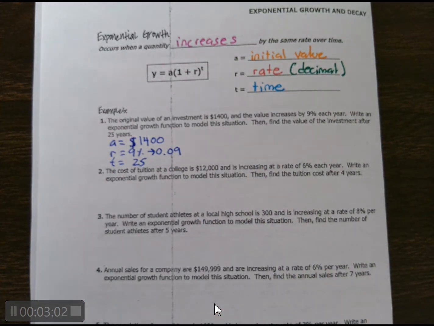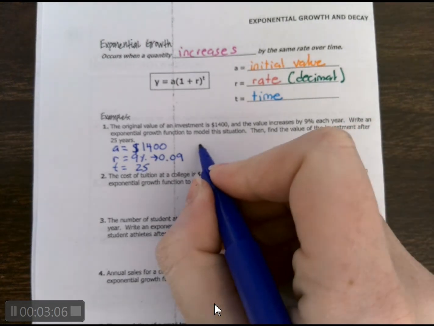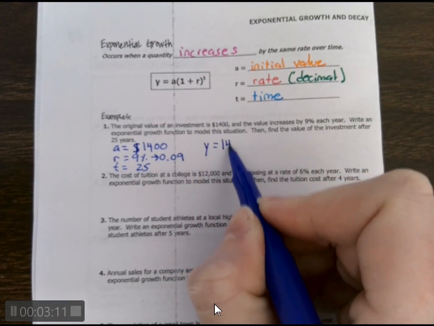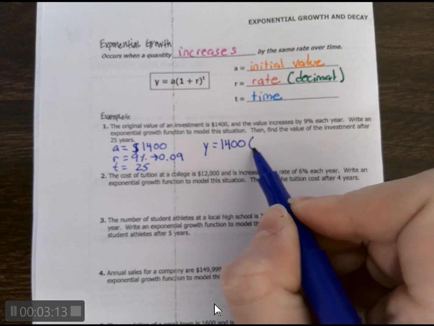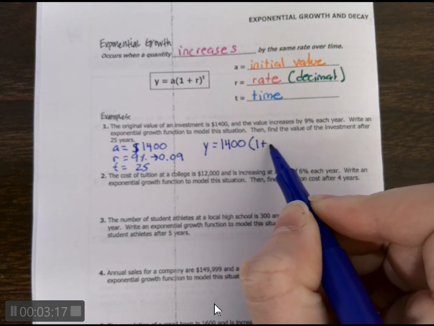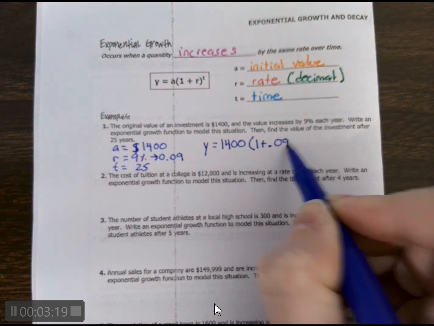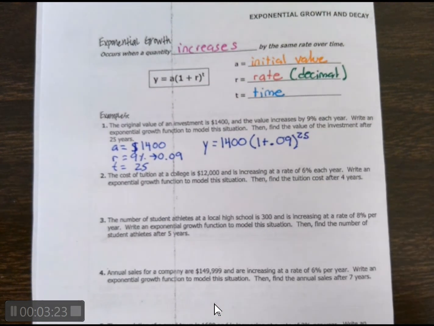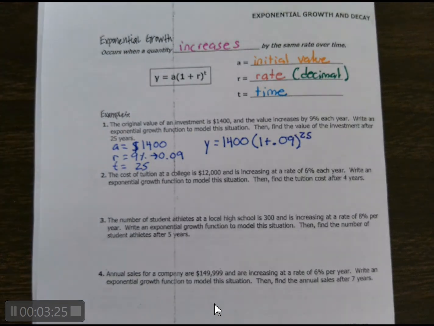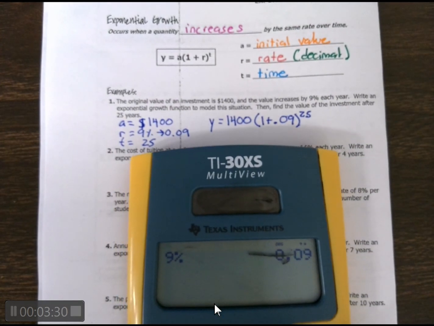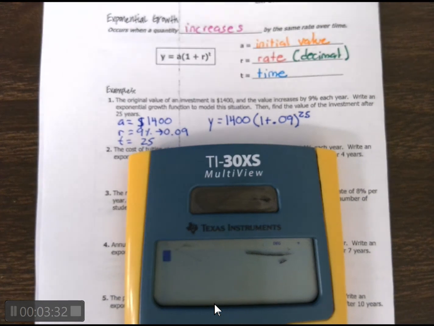Alrighty, so now all we have to do is substitute our information into our equation. So we have y equals 1,400 parentheses 1 plus 0.09, and then to our t, which is 25. All right, and so then back in our calculator, we're just going to type that exactly as we see it.